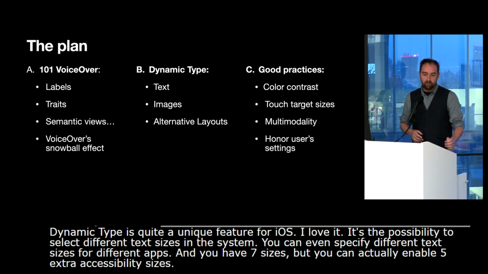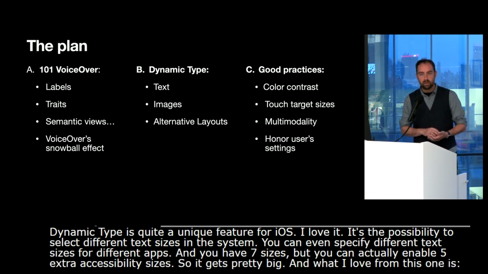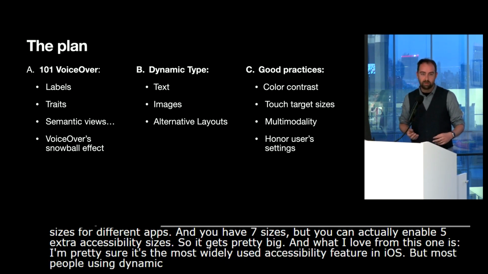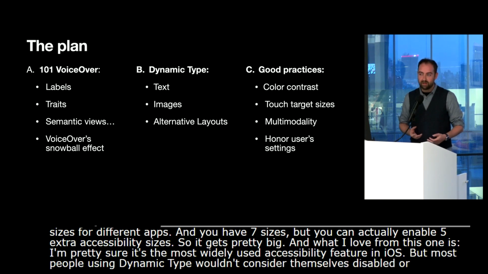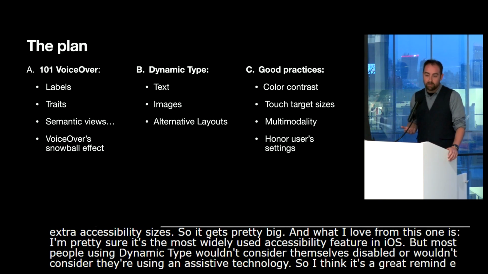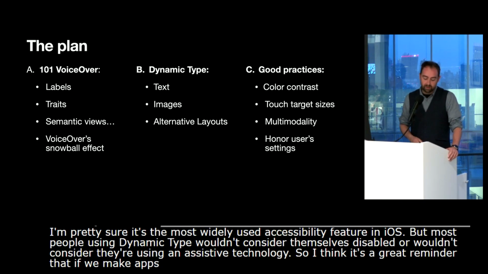And what I love about this one is I'm pretty sure it's the most widely used accessibility feature in iOS. But most people using Dynamic Type won't consider themselves disabled or won't consider that they're using an assistive technology. So I think it's a great reminder that if we make apps accessible, they just benefit everyone. Both my parents use large text sizes, for example, and I think most of us will probably get to that point as well.